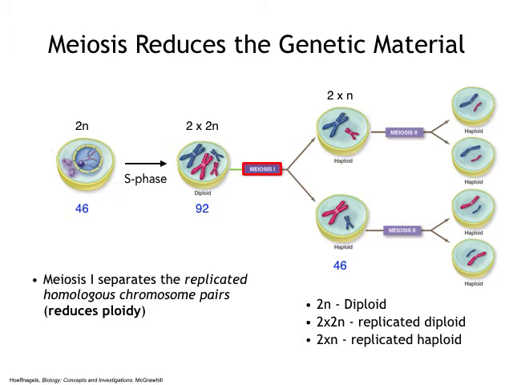If you look right under where it says 2 times N, instead of two big chromosomes, a blue and a red one, you only have one big replicated chromosome in the top cell, a blue replicated chromosome, one of those blue X's.